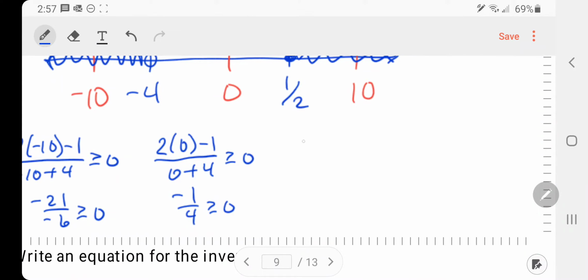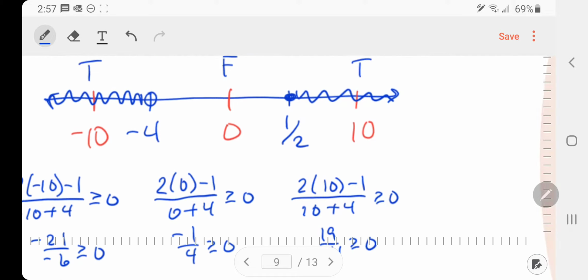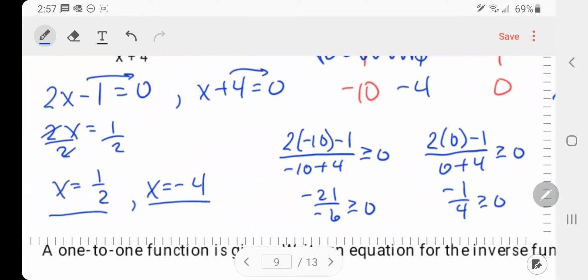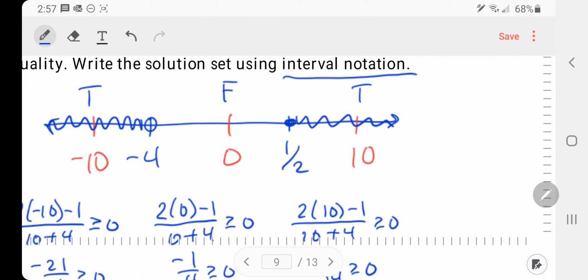And then last, we're going to check 10. 2 times 10 minus 1 over 10 plus 4 greater than or equal to 0. That's going to be 20 minus 1 is 19 over 14, which is definitely greater than or equal to 0. That is true. And so now that I have verified the shaded regions, now I can write the interval notation.